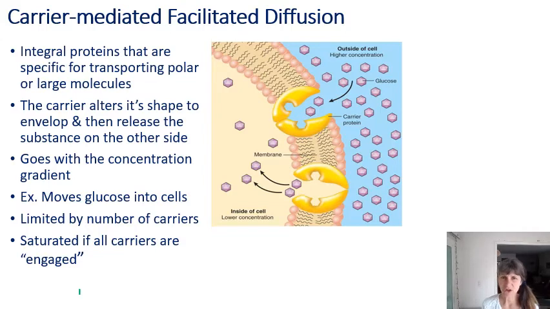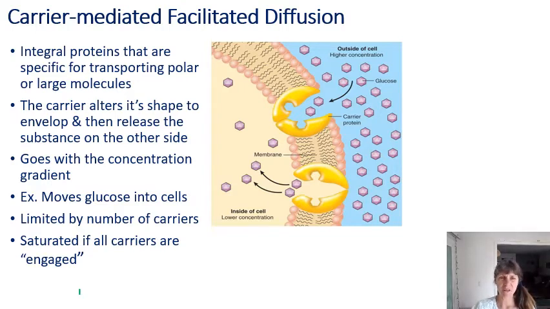When proteins are used specifically to transport substances from one side of the membrane to the other by carrying them, that is referred to as carrier-mediated facilitated diffusion, which uses integral proteins that are specifically designed for transporting polar or large molecules.